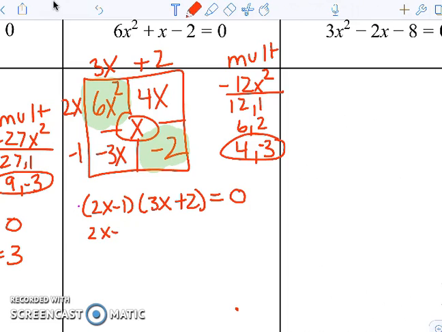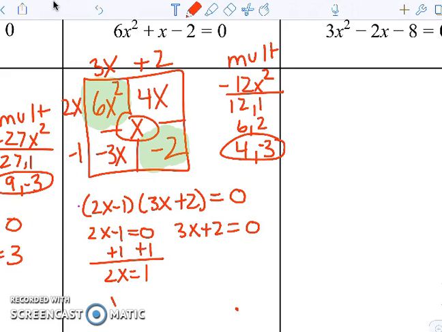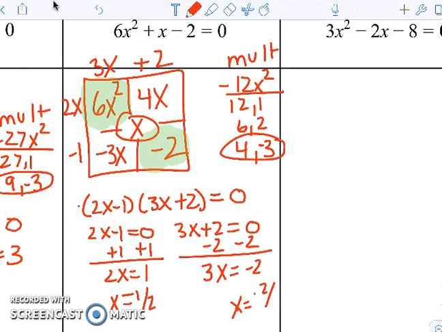So 2x minus 1 equals 0, 3x plus 2 equals 0. So plus 1, so we have 2x equals 1. So that means x would be 1/2. Minus 2, 3x equals negative 2. So that means x equals negative 2/3.